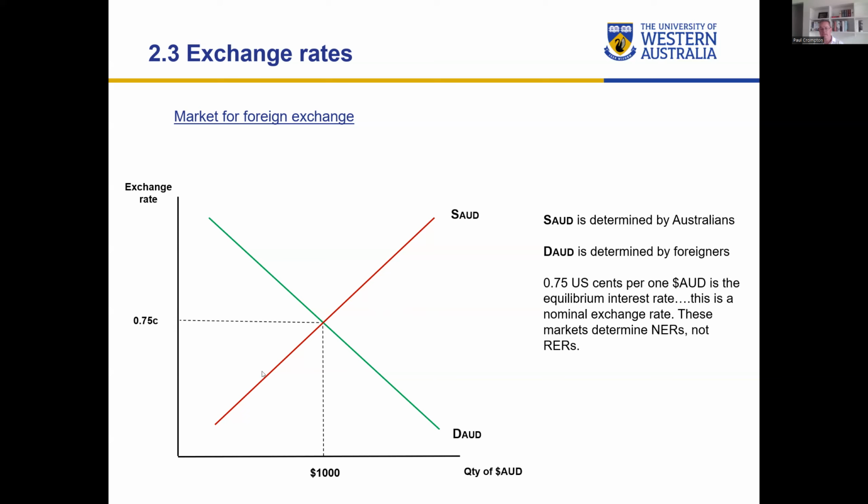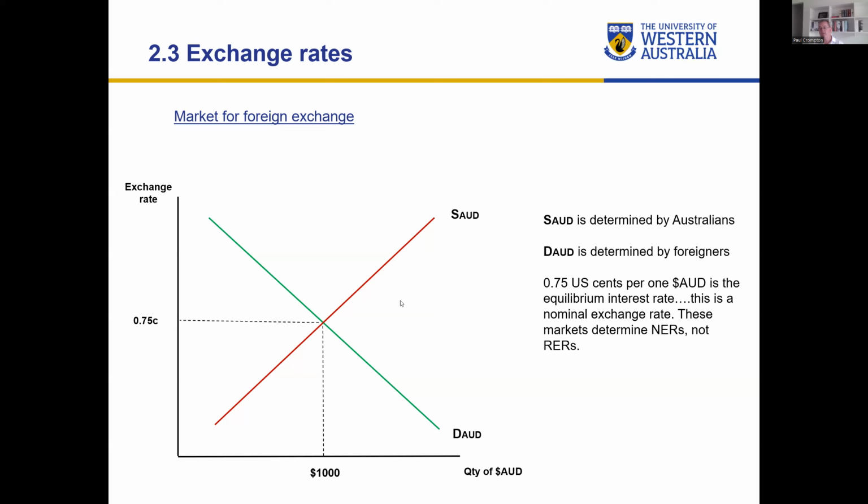And its movements in the exchange rate receive a lot of attention in the press. So any rightward shift in the demand for the Australian dollar appreciates it. Think of the exchange rate as the price of the Australian dollar.